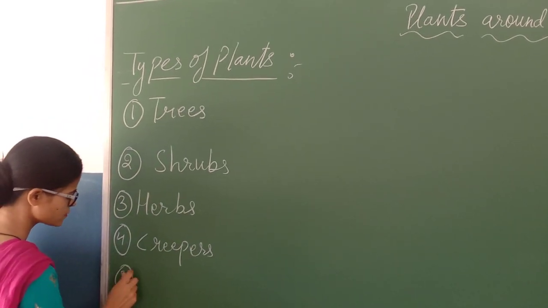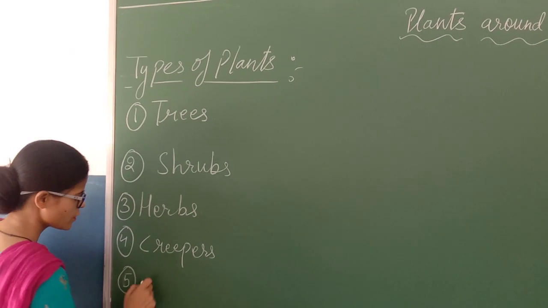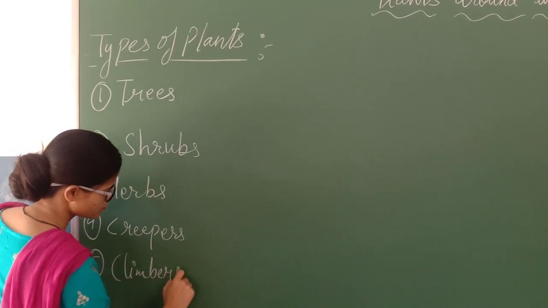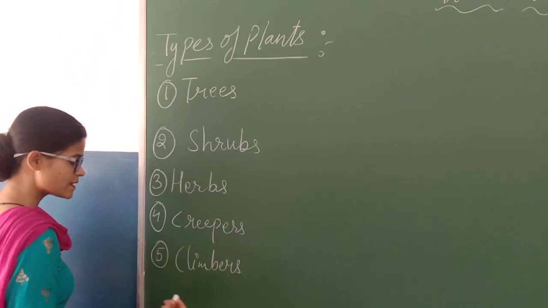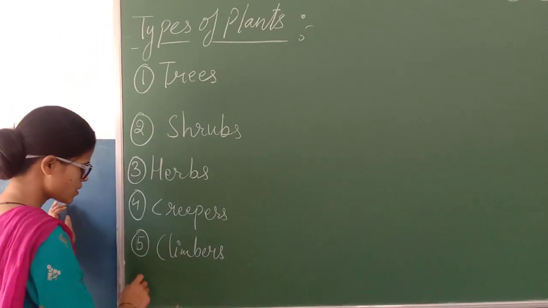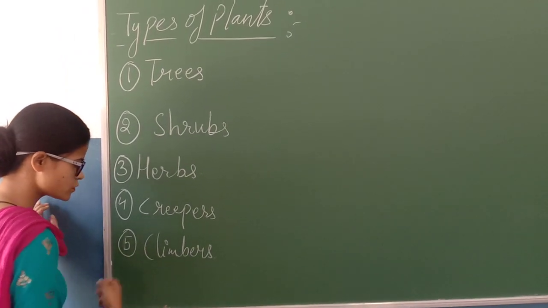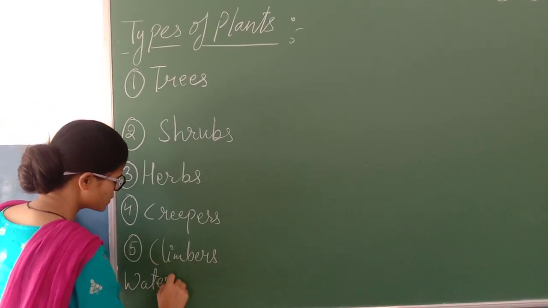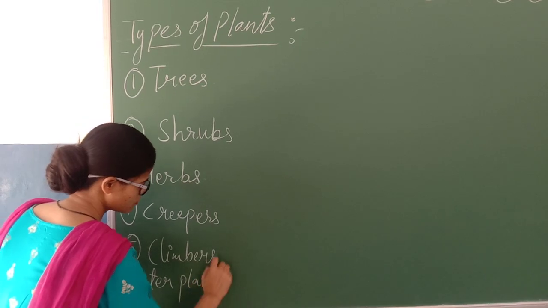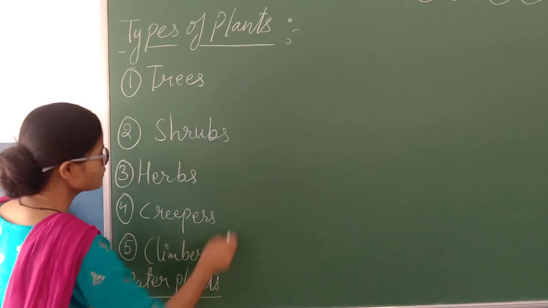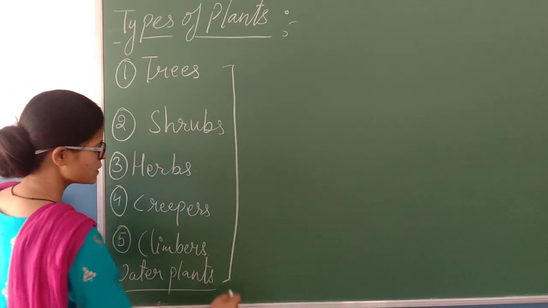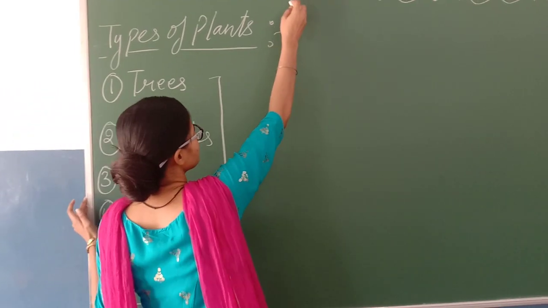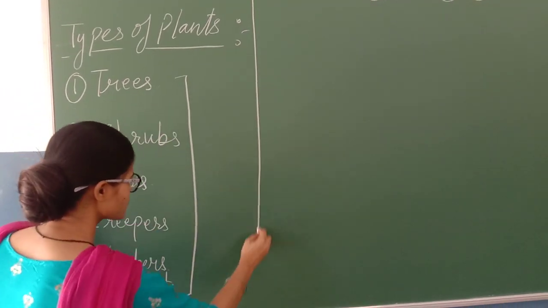And last, we have climbers. And some plants also grow in water. We can call them water plants. So these are the different types of plants, and we will learn about them.